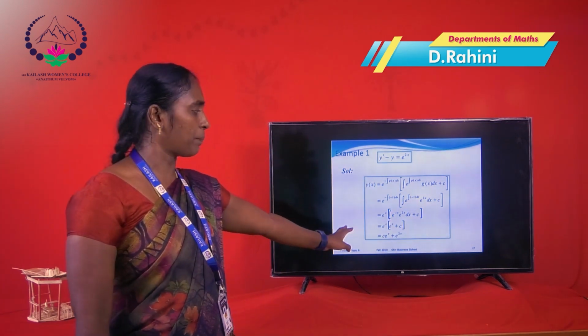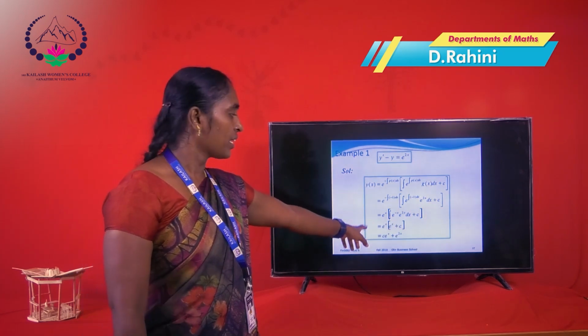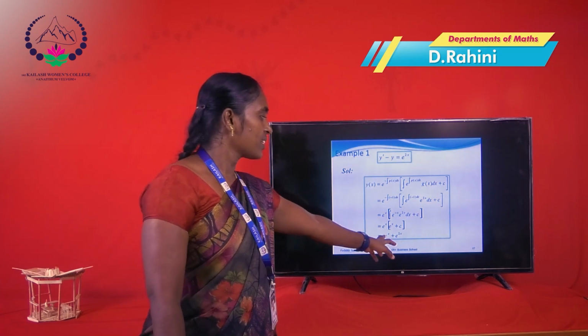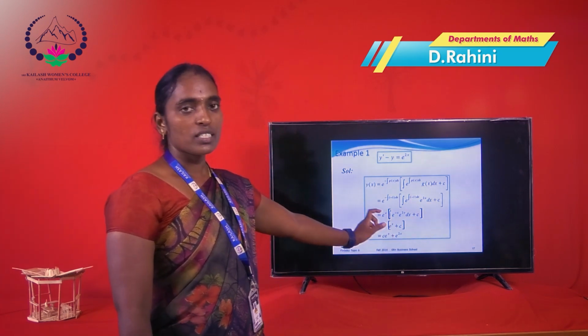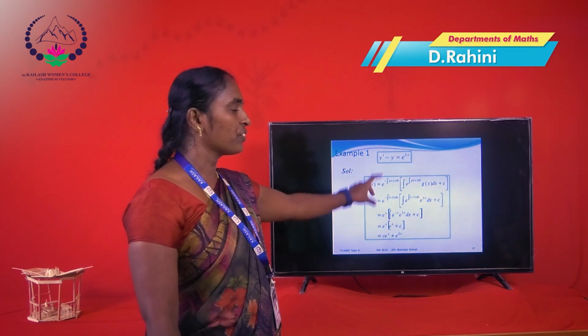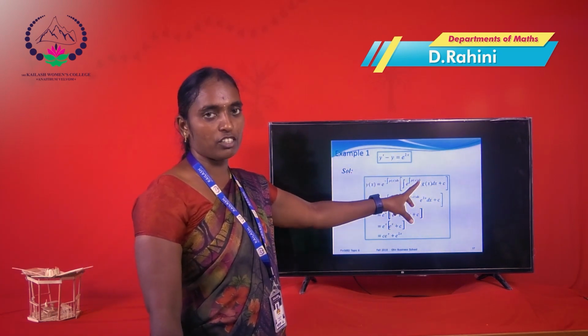Multiplying by e power x, we get e power 2x plus c into e power x. So c e power x plus e power 2x is the solution of this given linear ordinary differential equation.